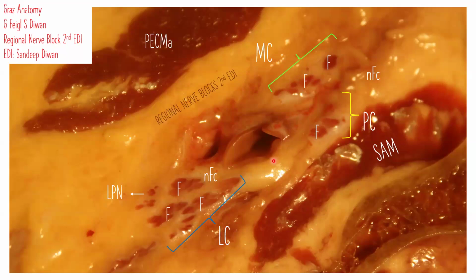And this is what we are targeting here. If you target that, it becomes probably the most harmless injection of local anesthetic. But you always find that the posterior cord is present exactly at this point, just below this. So you need to be very careful when you position your needle tip.